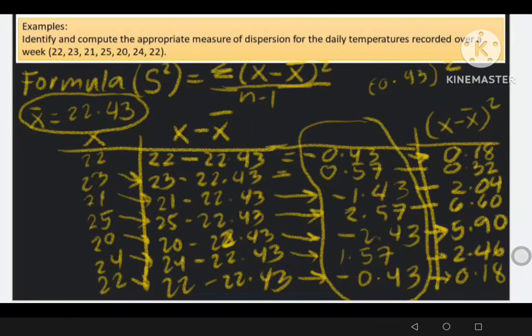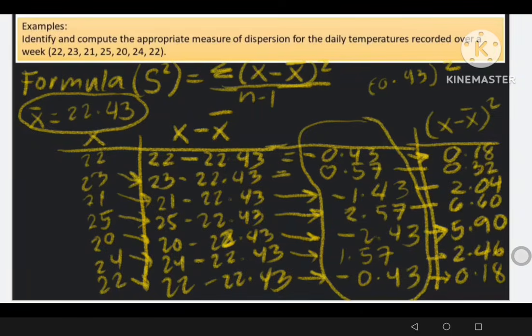Next step, we're going to add up all the squared values. We have 0.18 plus 0.32 plus 2.04 plus 6.60 plus 5.90 plus 2.46 and then plus 0.18.